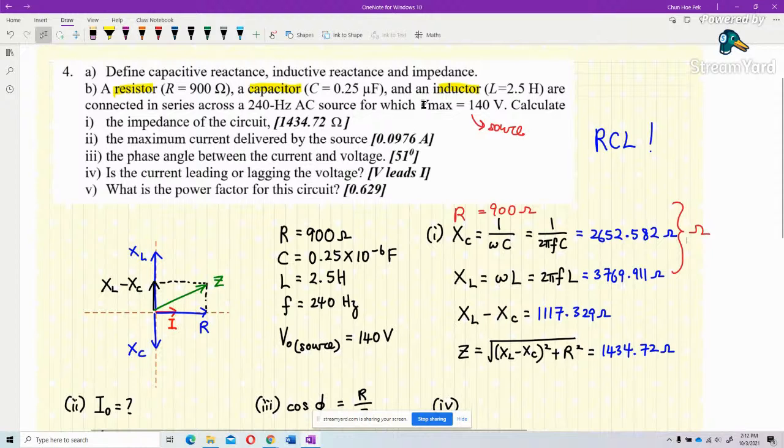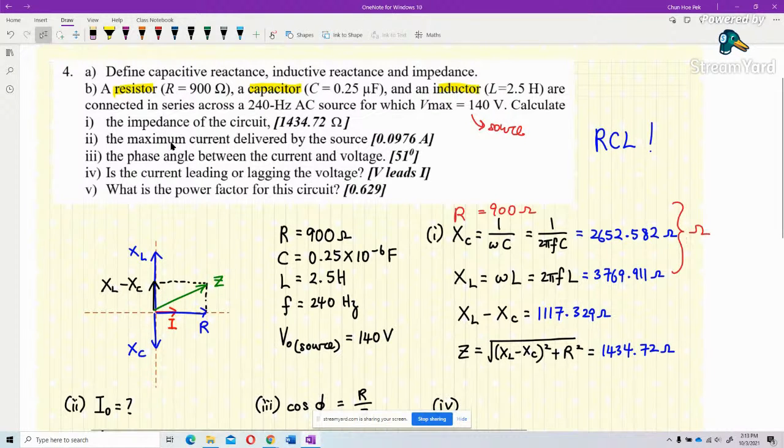So this is the V source, and I write it over here. This is V naught source, maximum, because it is maximum. So V naught source equals 140 volts.